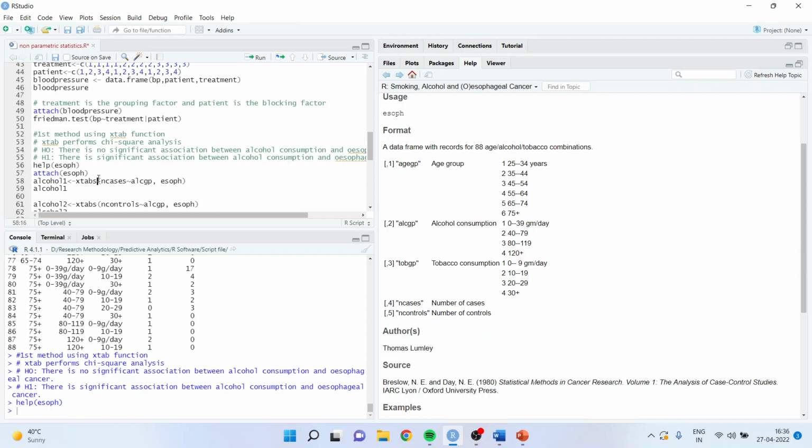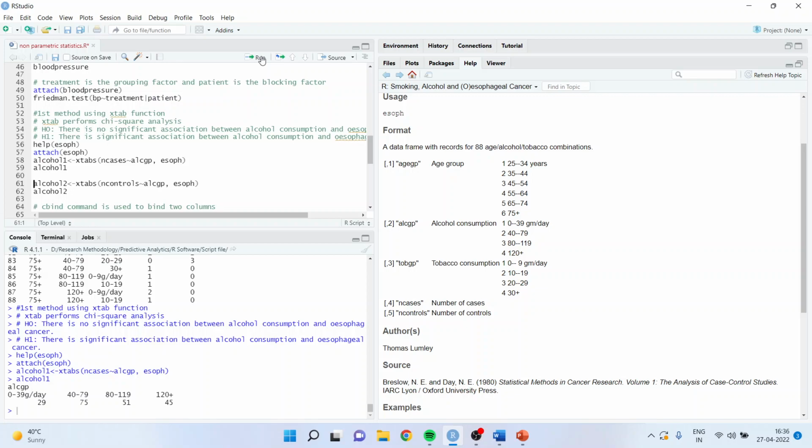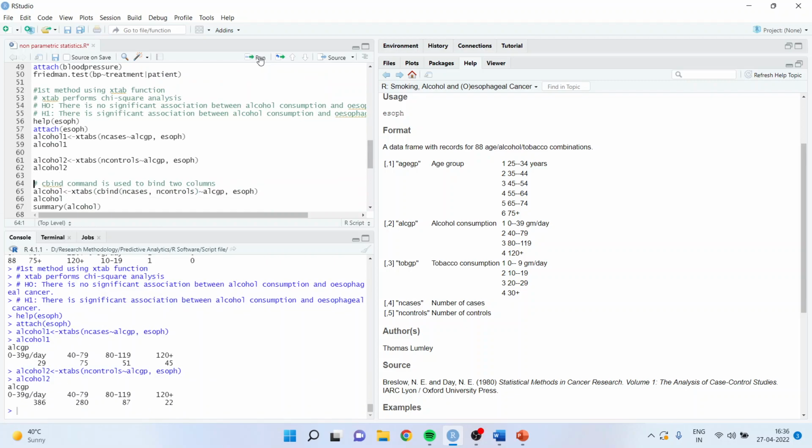So how many cases are there for esophagus cancer? First of all, I am running the tabulation part. xtabs, tell me the number of cases tilde according to the alcohol consumption. So I will run it, and I'll get alcohol consumption. Right now, tell me the controls, that is those who are consuming alcohol and still don't have anything. So run.